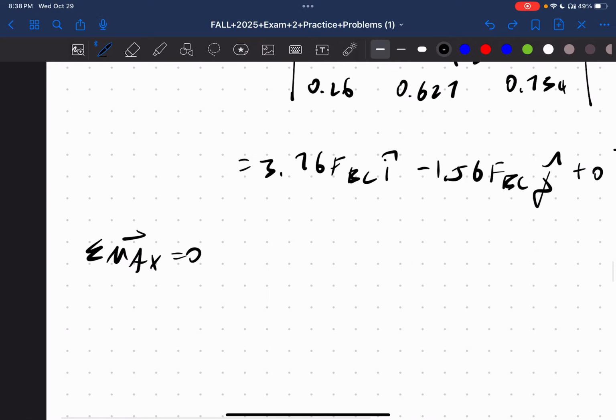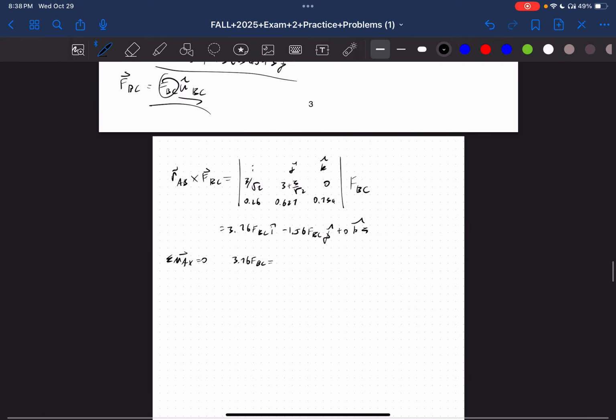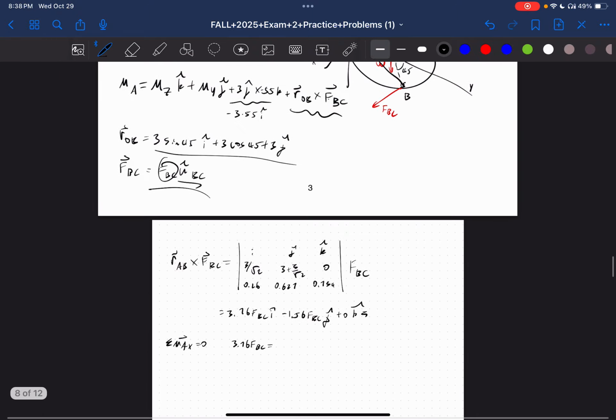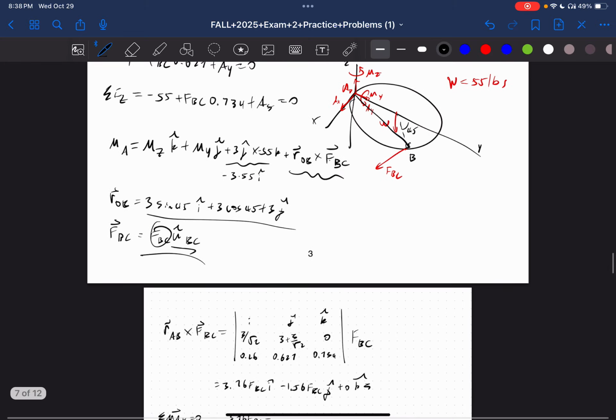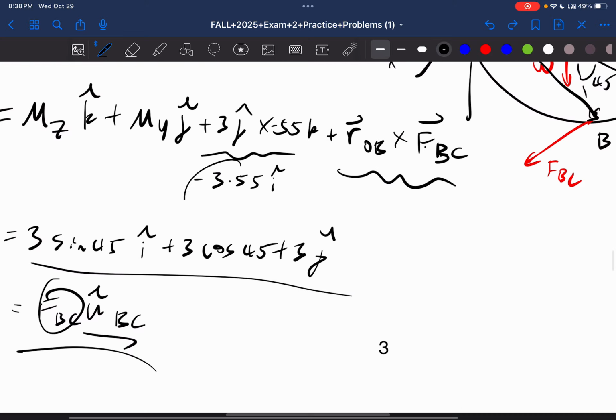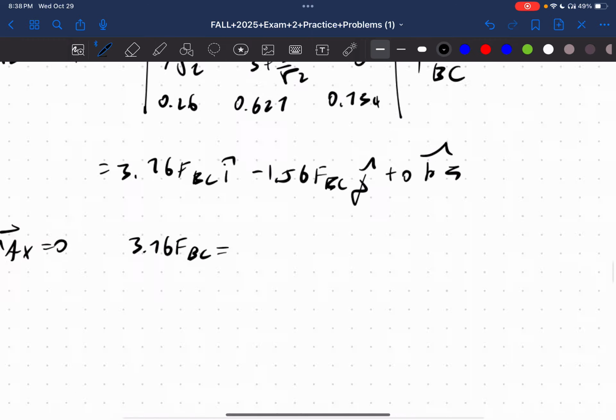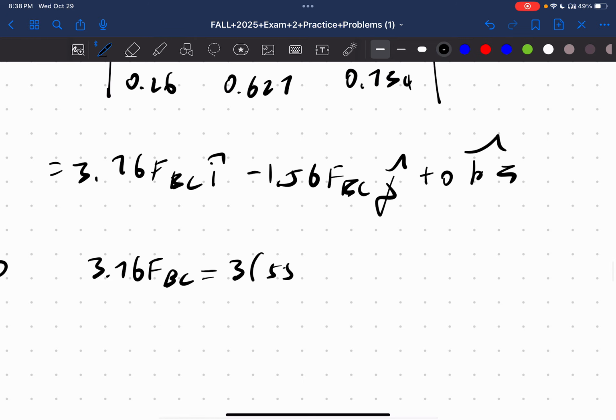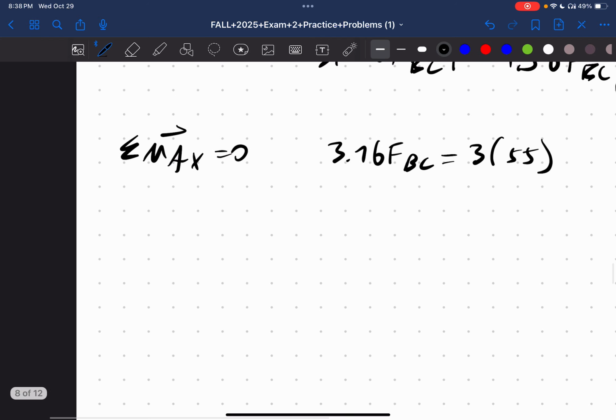Okay, yeah, so if this is equal to 0, then we can gather that 3.76 F BC is going to be equal to all the other I components, which is going to be just this right here. 3 times 55. And then blah, blah, blah in the Y, and then in the Z, equal to 0.